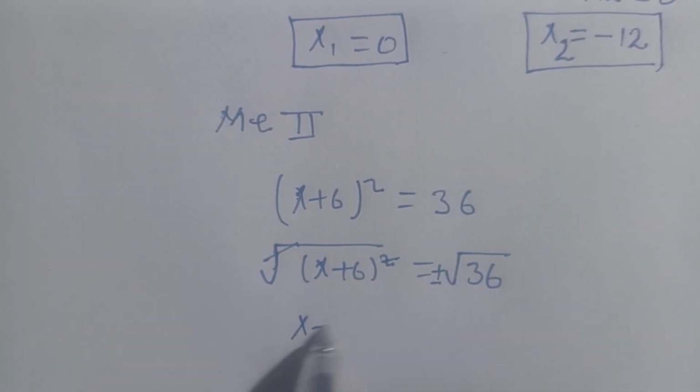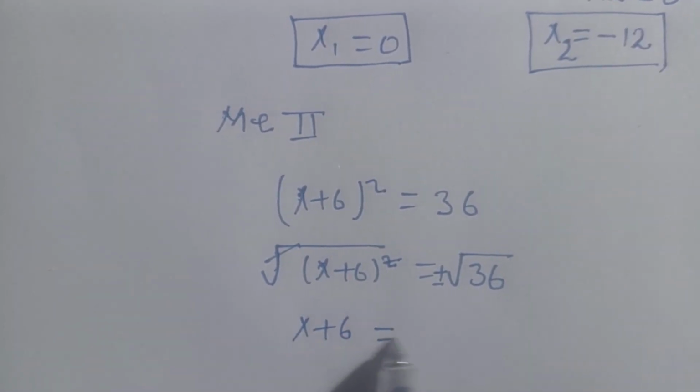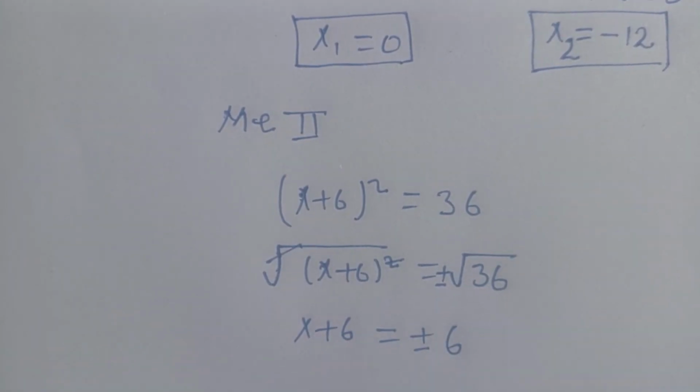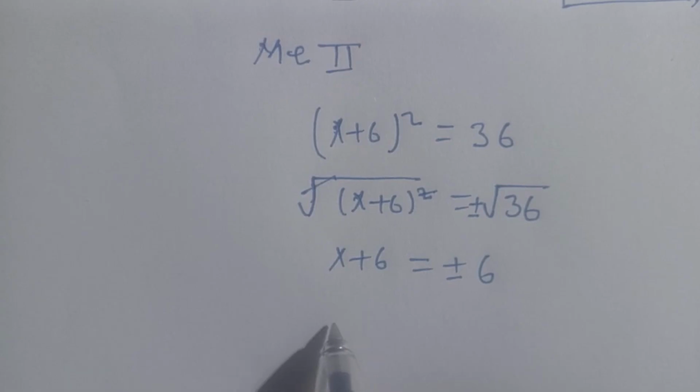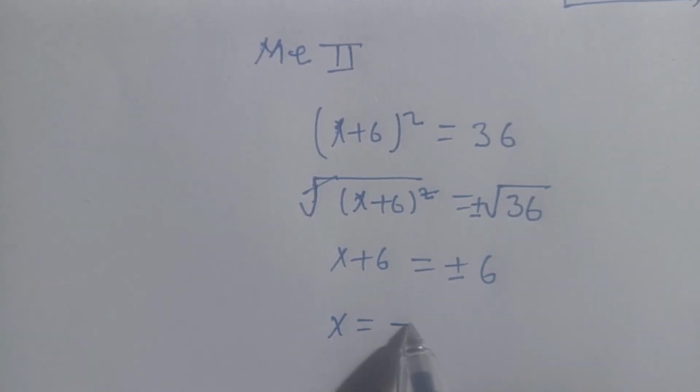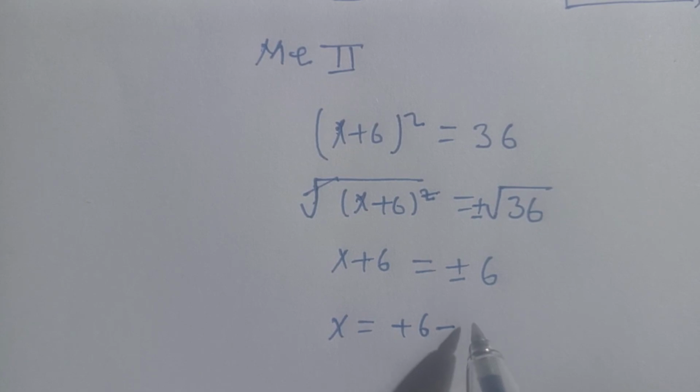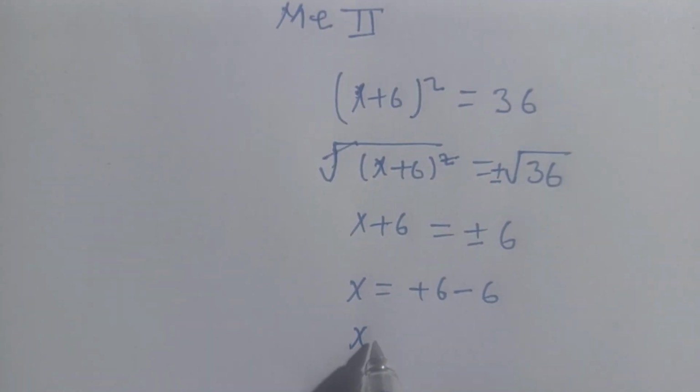Then x + 6 = plus or minus the square root of 36, which gives 6. x + 6 = 6. This 6 shifts to the right side as minus 6, so x1 = 6 - 6 = 0.